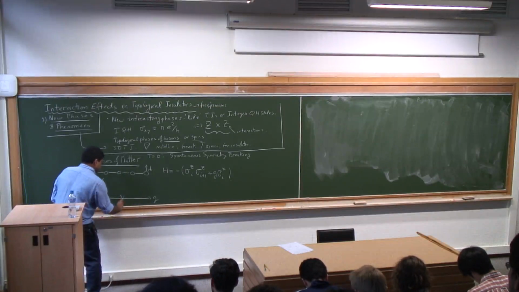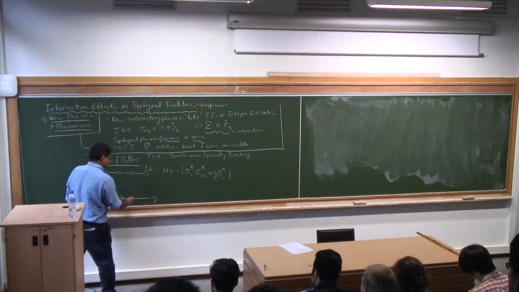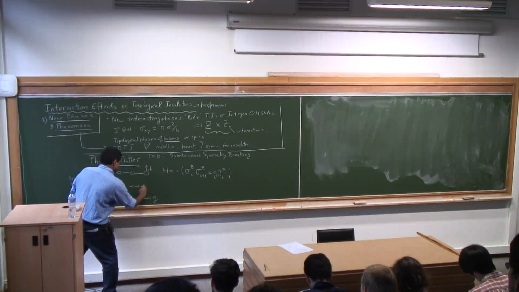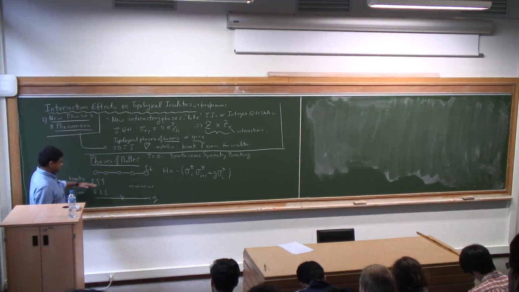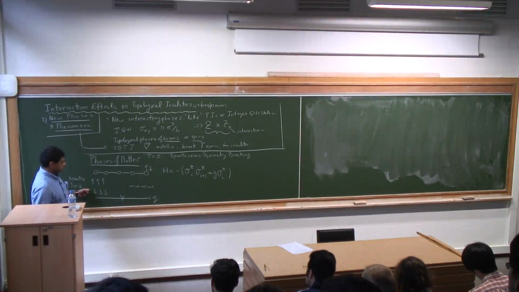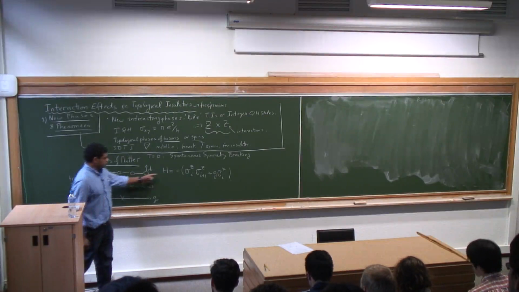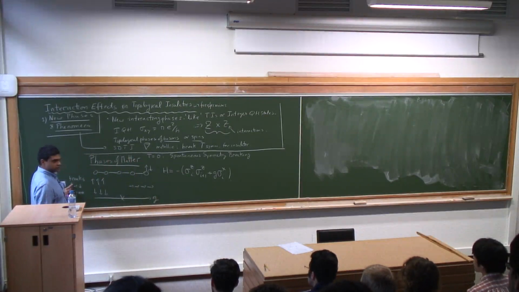Then as you increase g, at some point you lose the symmetry breaking. You end up with a unique state where all of the spins are aligned along the field. So clearly this model has two phases, and what's the distinction? The distinction is that in the small g phase, there's a symmetry of the Hamiltonian, sigma z goes to minus sigma z, which is broken by the ground state.